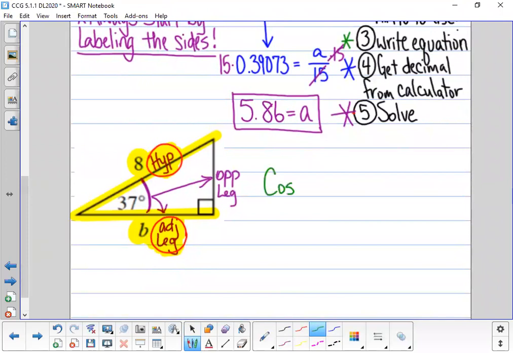Cosine of my angle, which is 37 degrees, is going to equal the adjacent leg, which in this case is my variable b, divided by the hypotenuse, which in this case is 8. So there is my original equation. Cosine of 37 equals b over 8. My next step is to go to my calculator and type in the cosine of 37 and get this value written out as a decimal, 0.798635 51.